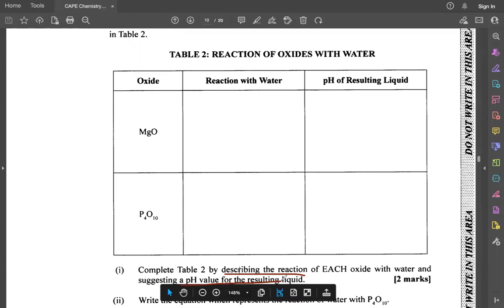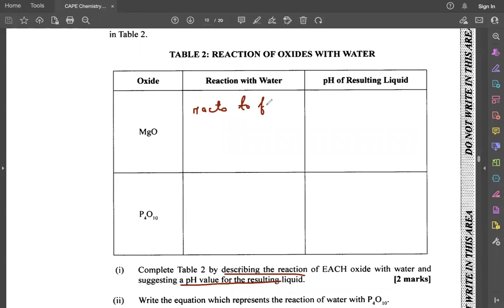So the reaction with water and MgO, right, is that it's gonna react to form, so let me write that up here, reacts to form insoluble hydroxide, right?